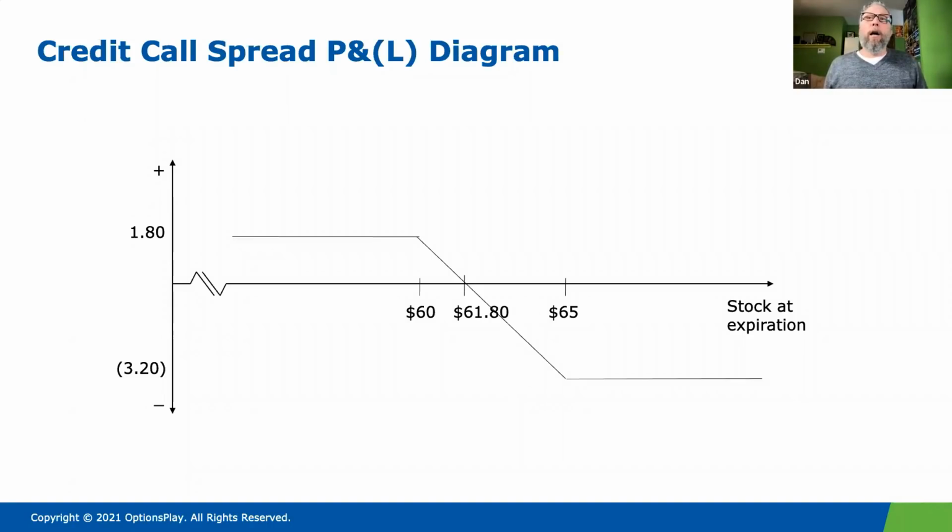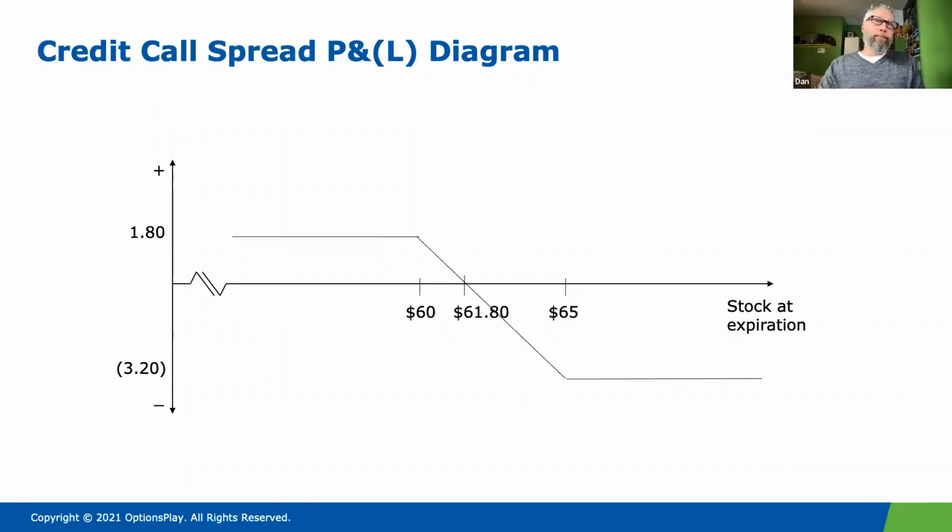Now, our break even is $61.80, and the same logic follows. If the stock is above 60 but below 65, I would get assigned on the 60 call, getting short stock at $60 a share, but I add the $1.80 I collected, so my effective short price would be $61.80.